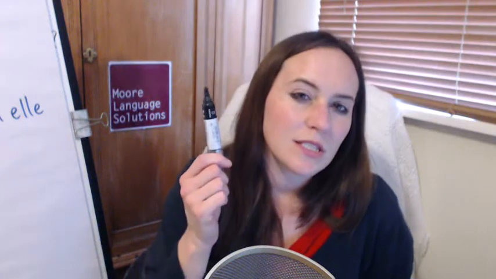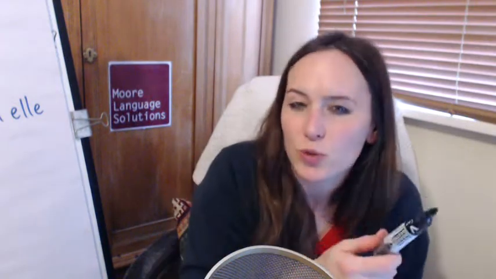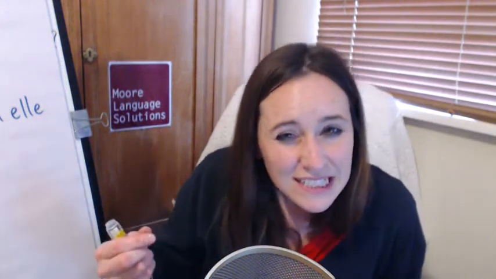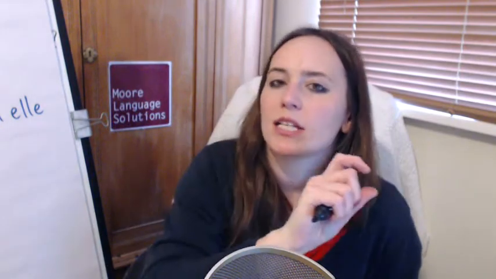Indirect object pronouns, it doesn't replace a thing necessarily. It's more likely to replace a person, but it's à lui or à elle, to him or to her. So the bit that makes it indirect really is the fact that between the verb and the person, there's the preposition à.